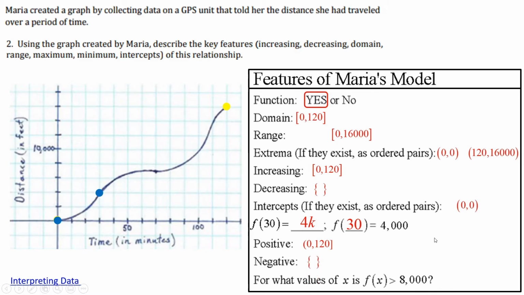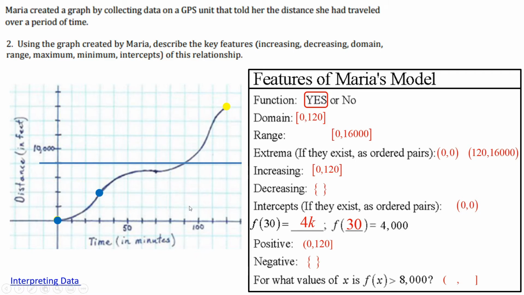That's another empty set. And then for what values of x is f of x greater than 8,000? Well, let's just draw a horizontal line at 2,000, 4,000, 6,000, 8,000, right there. So when is f of x greater than that? Well, all right, I need that point right there. So let's think about this. I can't equal that x value because that's where f of x equals 8,000.